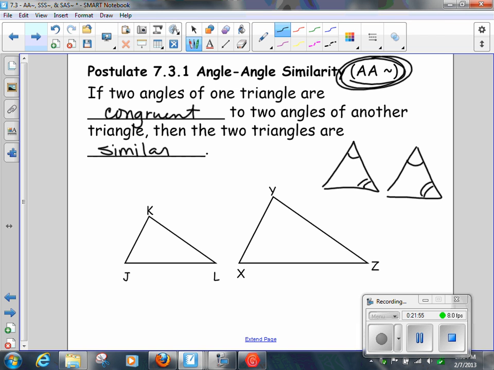I want you to think about this. A 90-degree angle is a 90-degree angle, right? Let's look at this. Pretend that I don't have the shaky board. Do I still have 2 90-degree angles? Yeah.